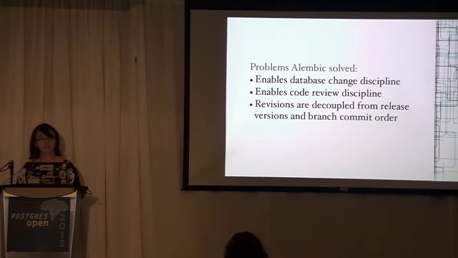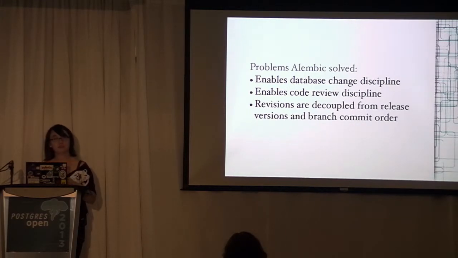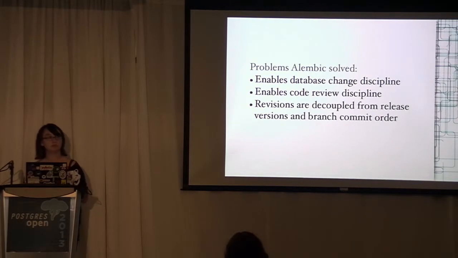It enabled database change discipline, code review discipline, and it decoupled our schema revisions from our releases and also from our branch commit order, because we use feature branches for everything and are merging them constantly. And it was really nice to be able to just stop worrying about which release number was associated with a particular schema version.